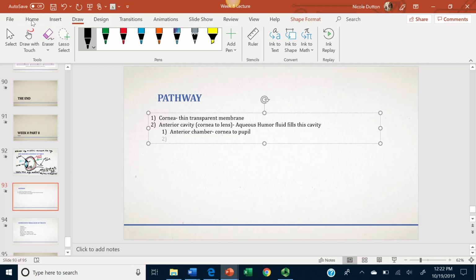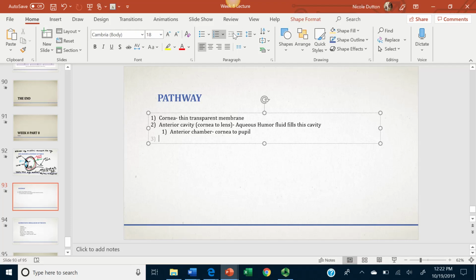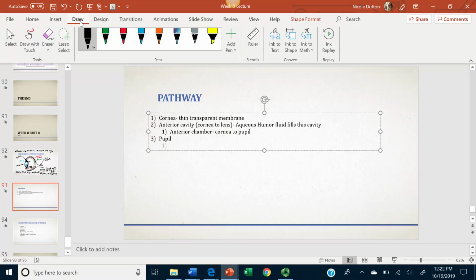And then we have the pupil. And then we enter into that posterior chamber, which is from the pupil to lens. The pupil is kind of that dark opening that's in the inside of the iris.